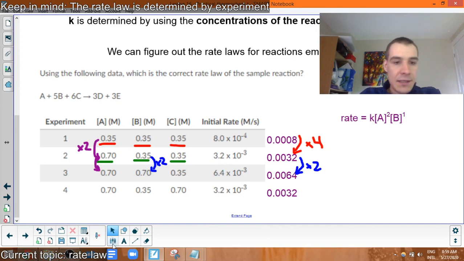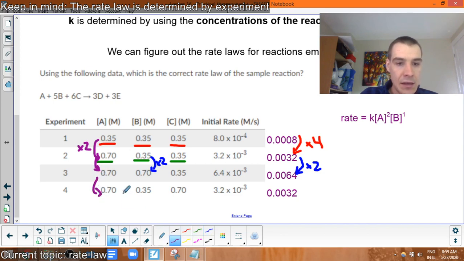And then we're going to look at C. What happened to C? When we look at C, they kept the same A, but they brought the B back to the green level, right? They brought the B back to 0.35. Right? So we expect then that the basic rate is going to be 3.2. And then they doubled this guy, right?